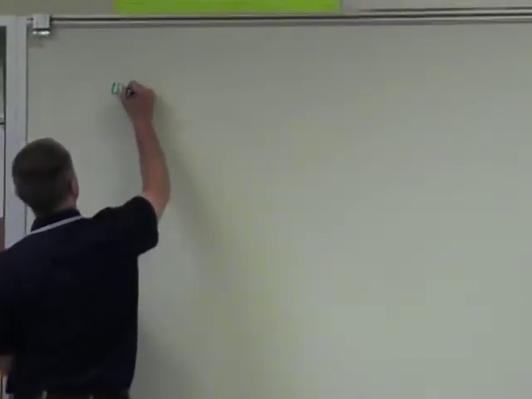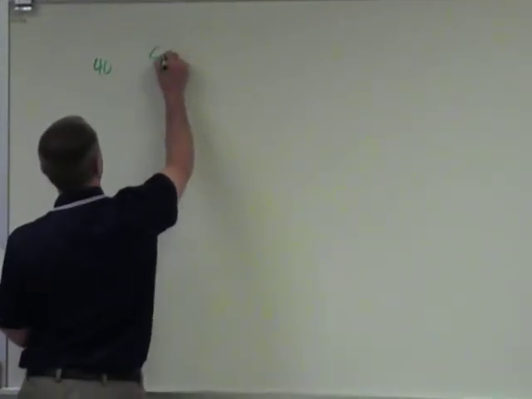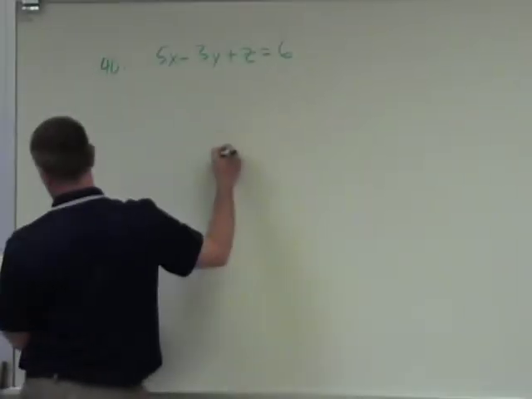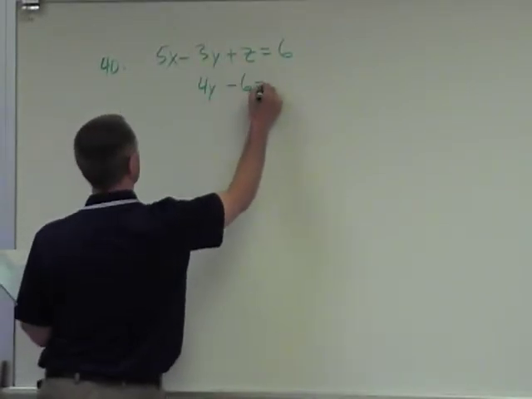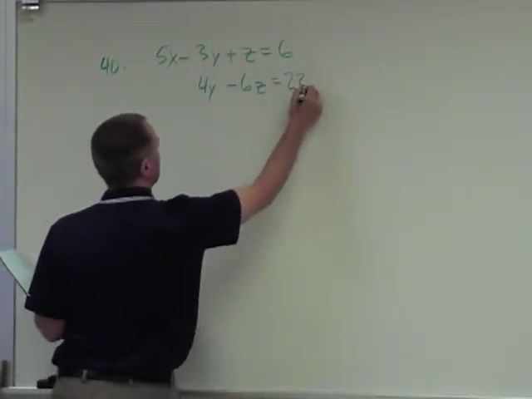Okay, let's do number 40. This is a 3 by 3. 5x minus 3y plus z equals 6. How did you do that differently with the y than you did with the x?